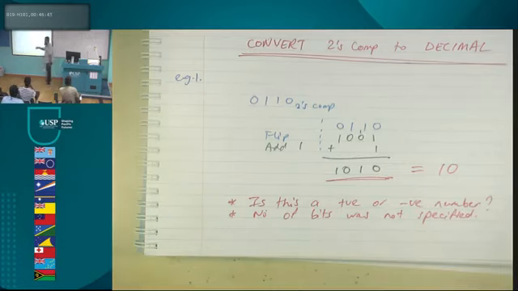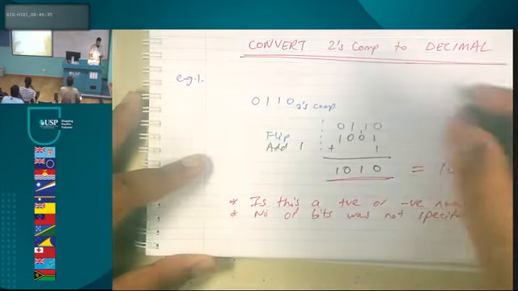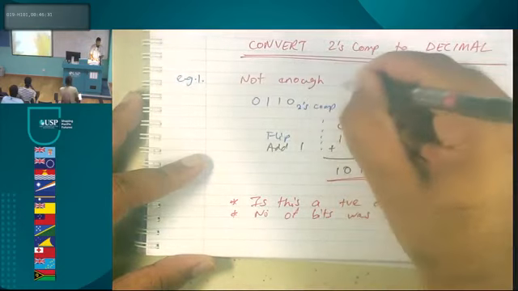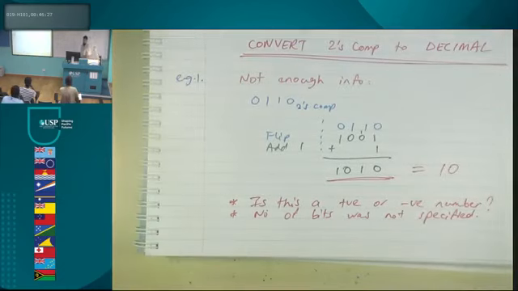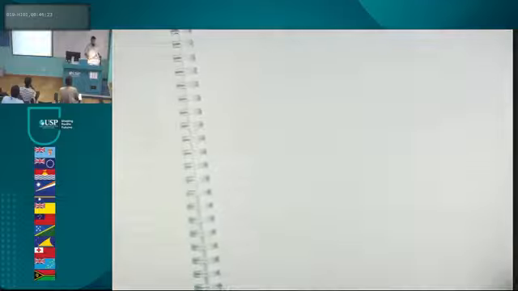So example 1 was flawed. There was not enough information. All right, so let's have a look at how to do conversion.